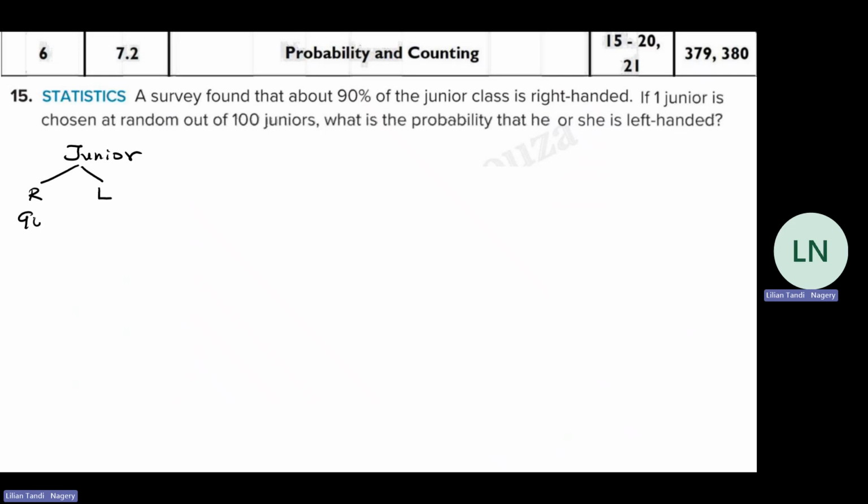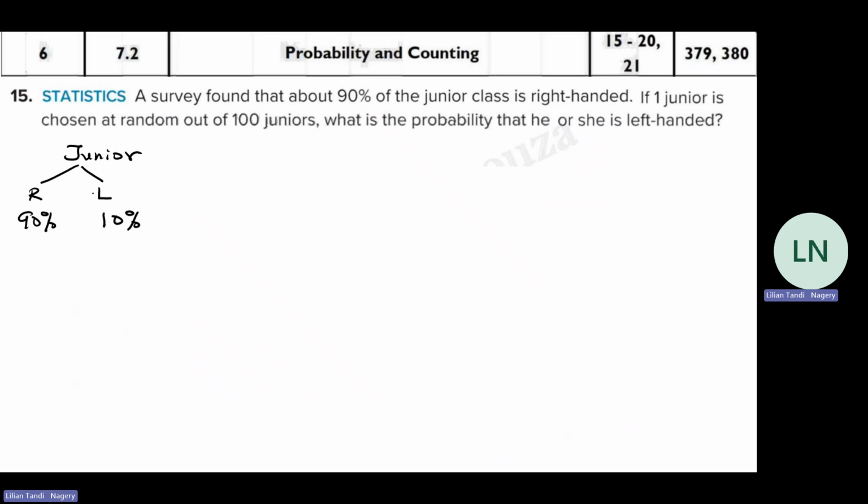Now, if 90% of you are right-handed, then 10% of you are not right-handed, meaning you're left-handed. And how do I know? Because the whole class has to equal 100% or equal 1. Okay?